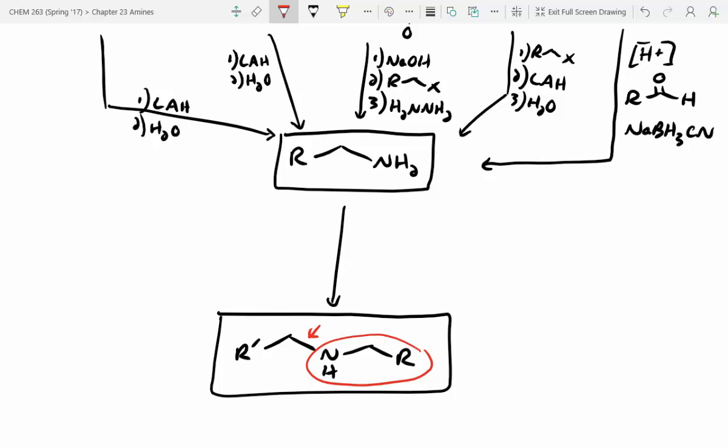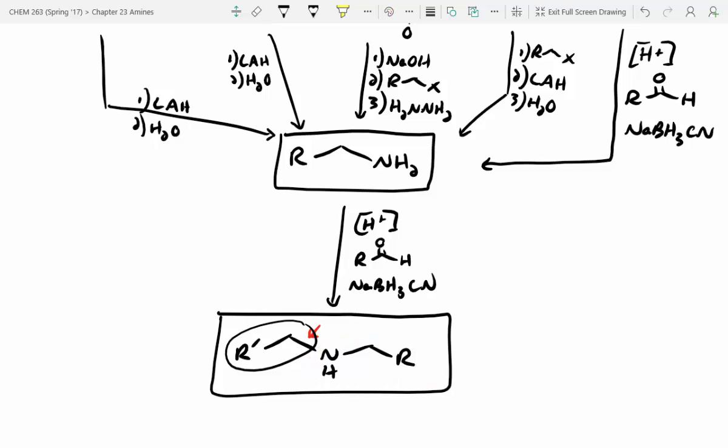Reductive amination is like the Swiss Army knife for making amines. So if we go through, this must have been some sort of ketone or aldehyde. In this case, it must be an aldehyde. And then sodium cyanoborohydride. And there we go. So we're able to make a secondary amine.